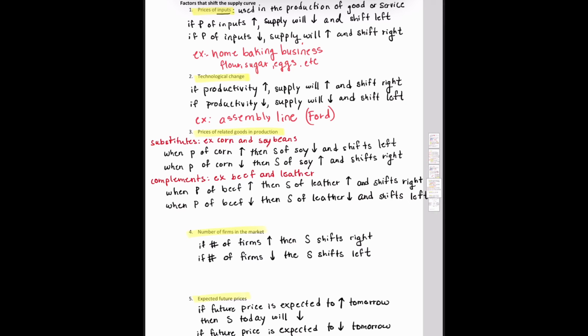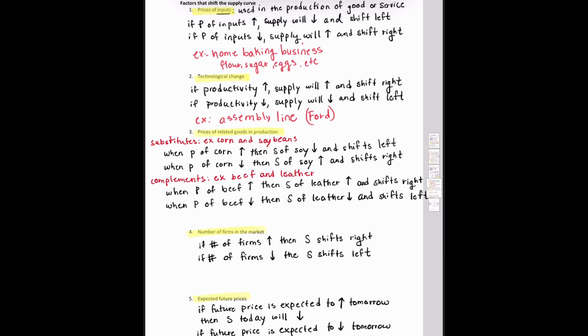So, what about complements? Sometimes two goods are produced together. In this example, we can use cattle and beef and leather. If the price of beef increases, then ranchers may be encouraged to increase their herd, and that in turn increases the supply of leather in the leather market.